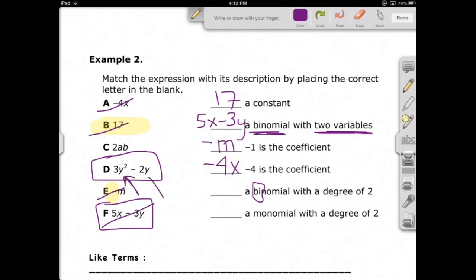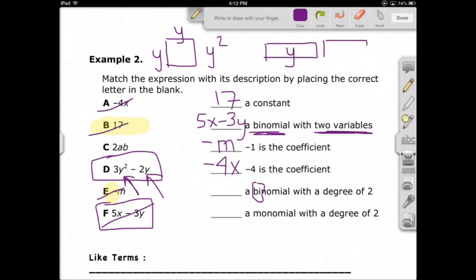When we use algebra tiles, if it was a square, we would use a tile that looks like a square and say that's what a y squared tile looks like. Whereas a y tile, we just leave thin like that. And in this case, there are 2 of them. I'll use negatives just to help you get the idea that there are -2 of them.